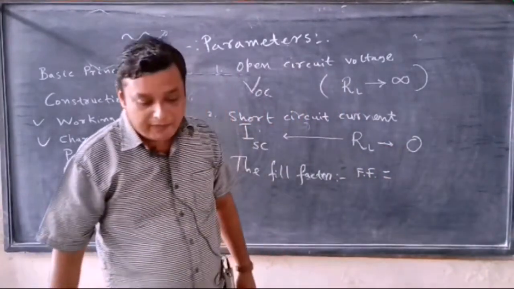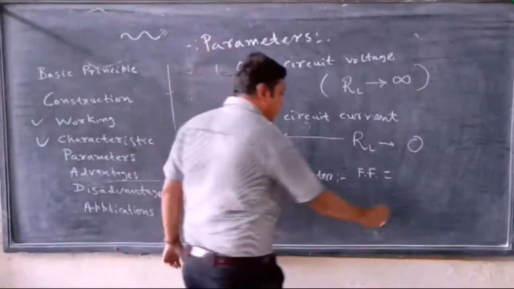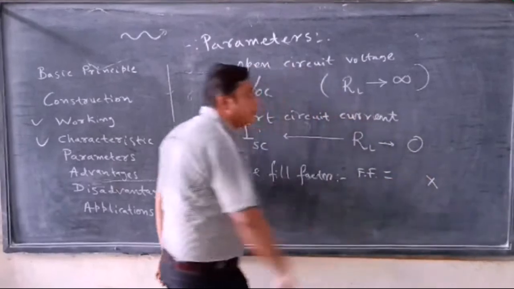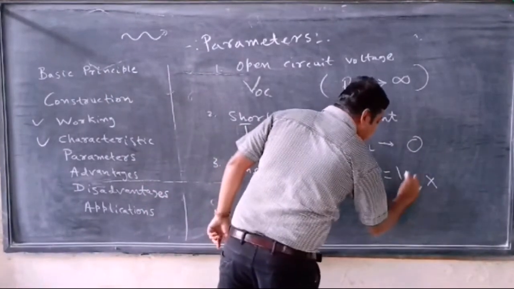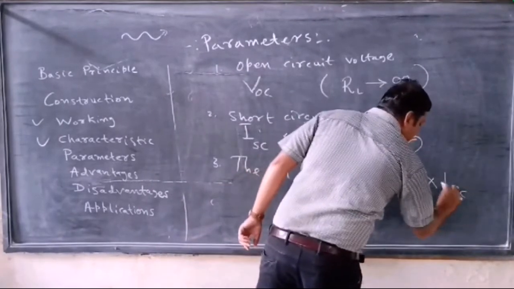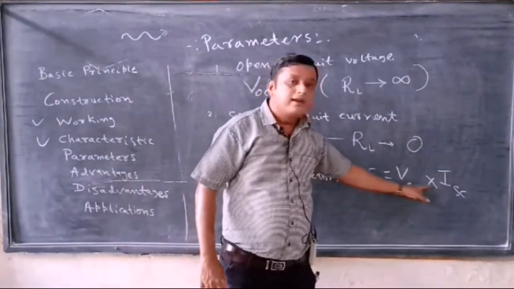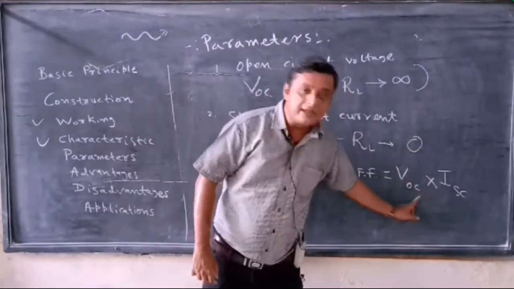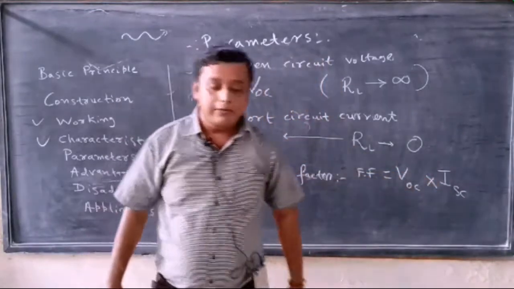Fill factor is the multiplication of the open circuit voltage with the short circuit current. So the multiplication of the open circuit voltage and short circuit current is represented by fill factor.